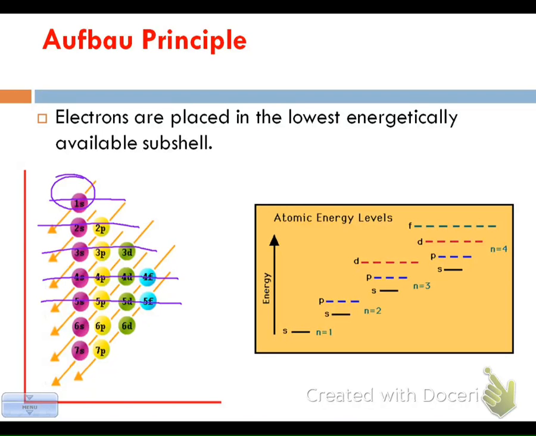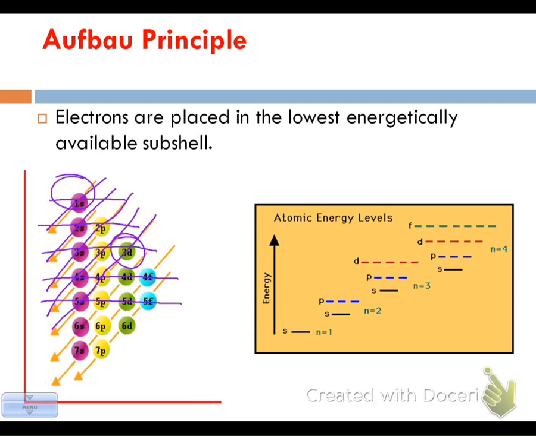But to know the correct order to fill orbitals, we follow the arrows on an Aufbau diagram. So we would go 1s, and then 2s, and then 2p, 3s, and then 3p, 4s, and then 3d, 4p. It doesn't get goofy until we get to the transition metals where the 3d kind of jumps out of place and goes beyond the 4s. In other words, we put the 4s before the 3d.